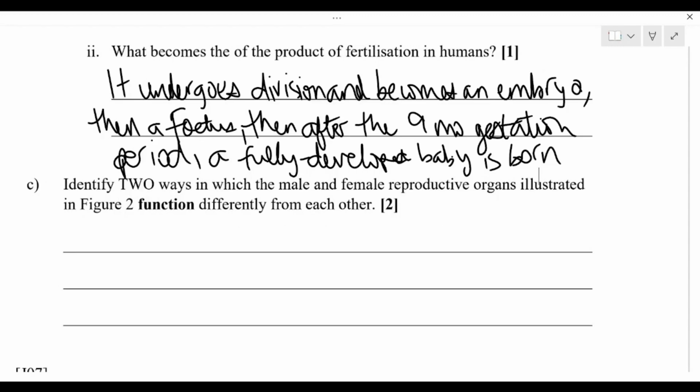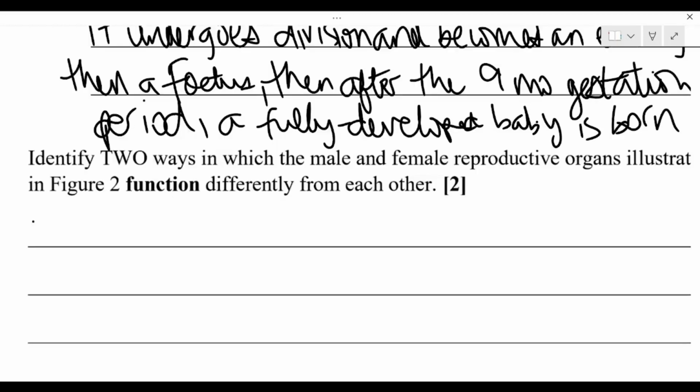Alright, the next question asks for 2 ways in which the male and female reproductive organs illustrated in figure 2 function differently from each other. Now, there are many points that you can make here. 1. Gamete production.